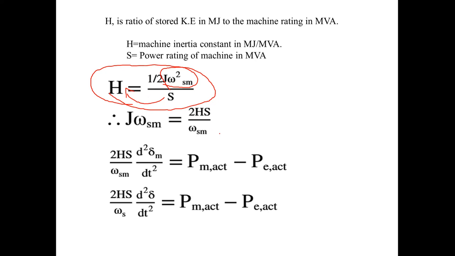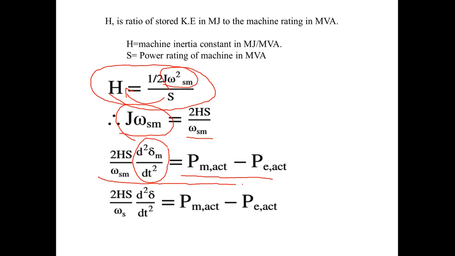After getting this, kinetic energy half mv² will be equal to, that is the main concept, 2HS. So 2HS by ωsm, which is equal to this, into d²δm/dt², will be equal to Pm minus P actual.